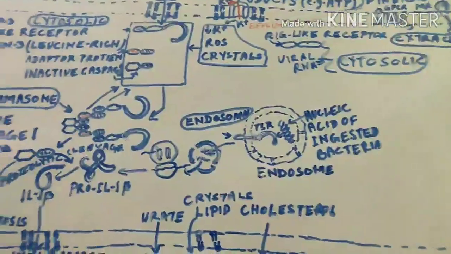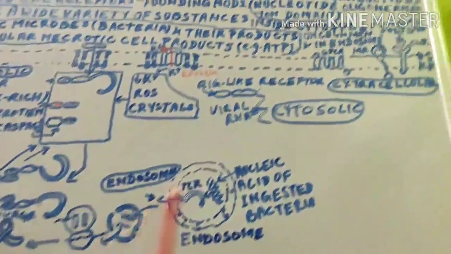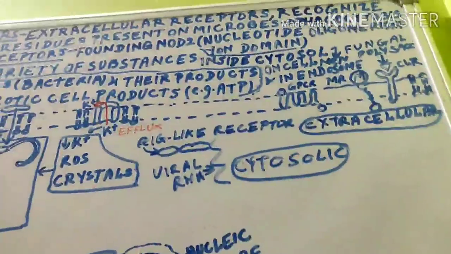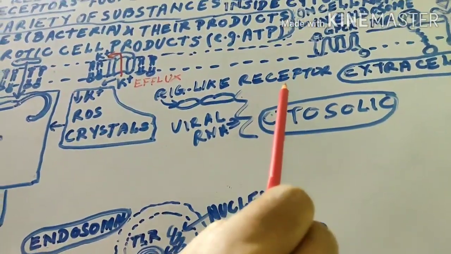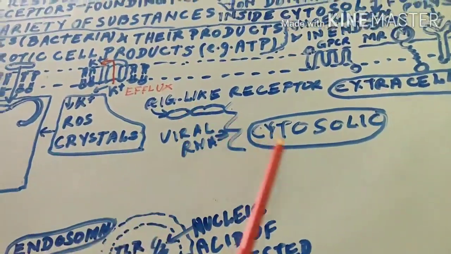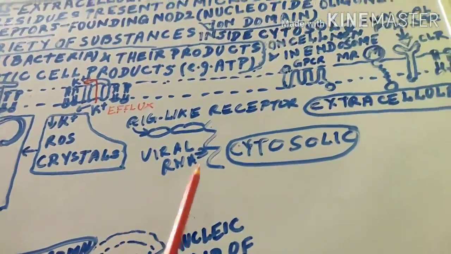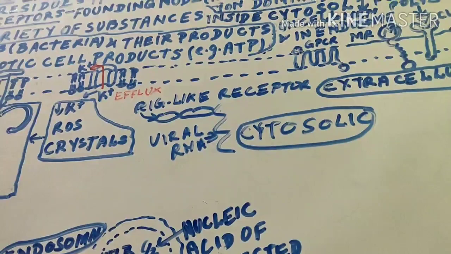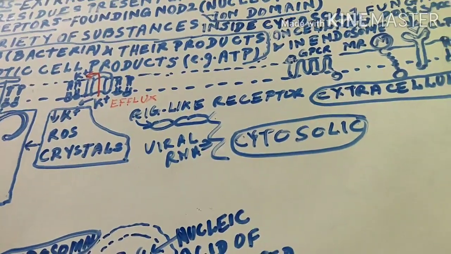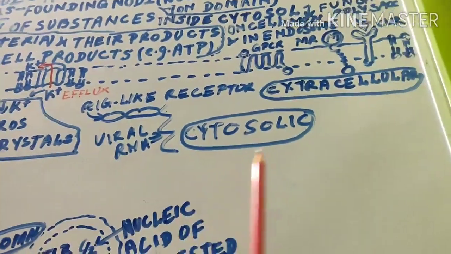Now you can see the other types of receptors I have just discussed. RIG-like receptors, which we have discussed, are again cytosolic receptors, and they interact with viral RNA and then send a message to the nucleus.